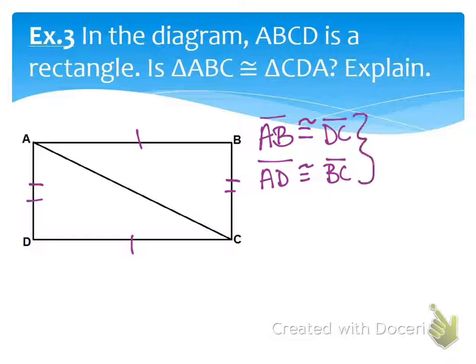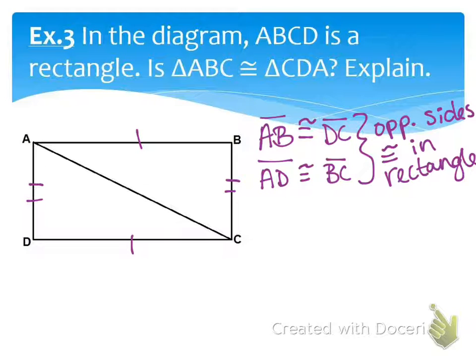So for both of these, we could say something like opposite sides congruent in a rectangle. Yes, ma'am. Is that something we can use like in a proof? We're trying to prove that the triangles are congruent. We can say like the definition of a rectangle. You could, yes, you could use a definition of a rectangle. That's fine. Or you could say opposite sides congruent in a rectangle, something along those lines.